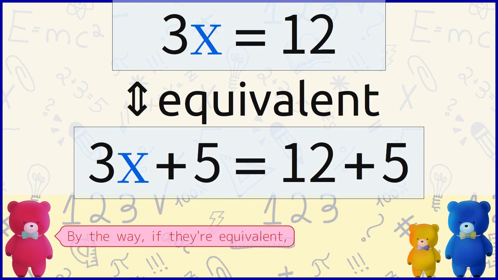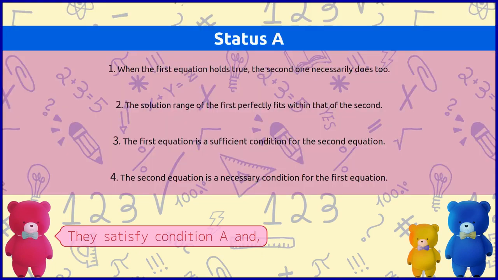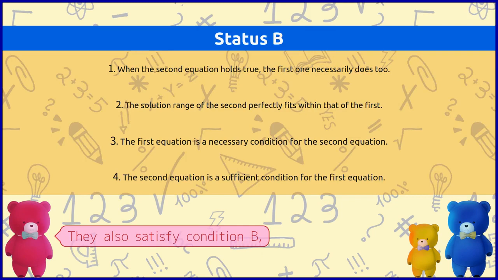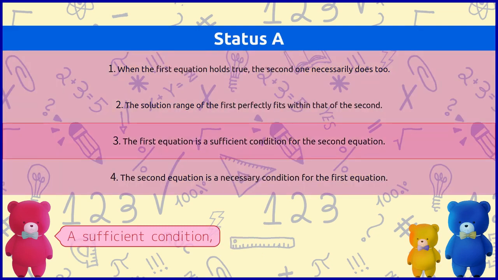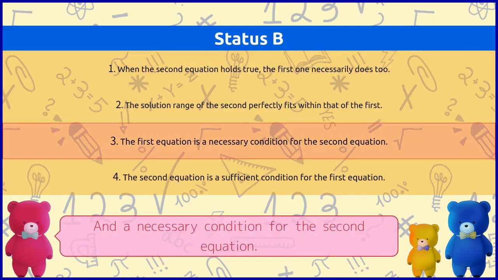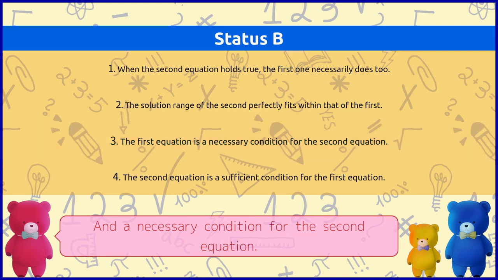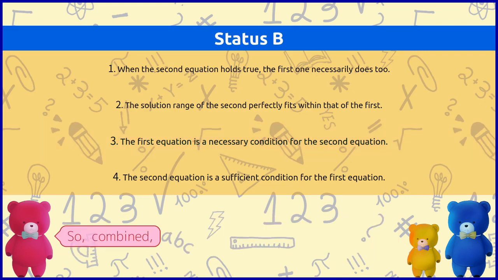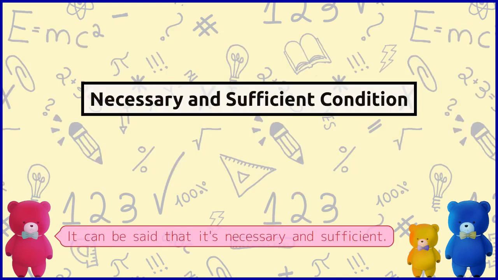By the way, if they are equivalent, they satisfy condition A and they also satisfy condition B. So the first equation is both a sufficient condition and a necessary condition for the second equation. So combined, it can be said that it's necessary and sufficient.